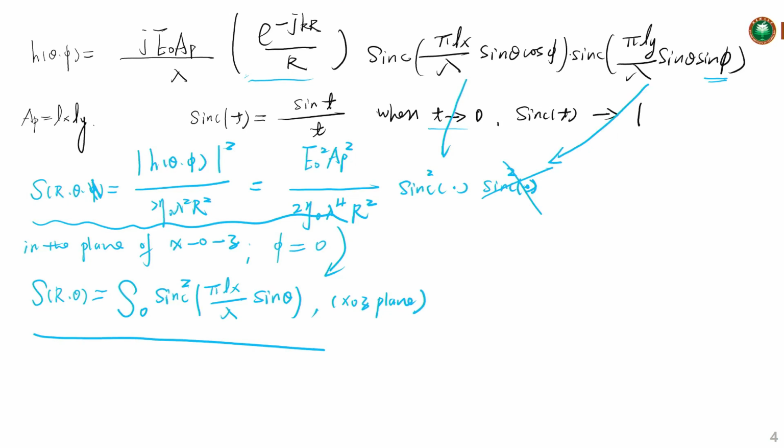As we mentioned previously in this course, to say the beam pattern, there is a parameter called the normalized radiation pattern.